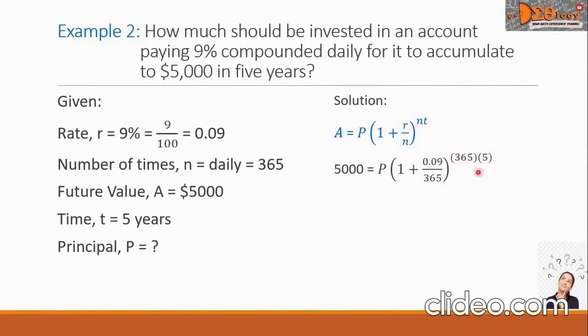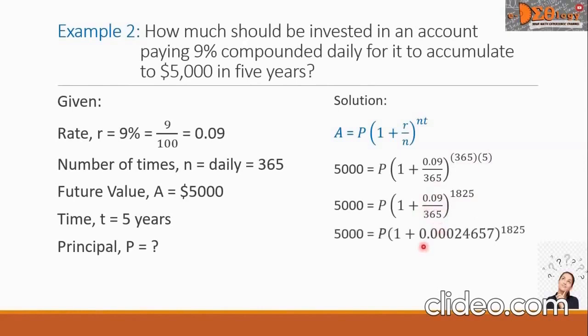First, let us simplify by taking the product of the exponent, 365 times 5. We will get 1,825. And then, let us simplify this fraction, 0.09 over 365, and the value is 0.0002467.